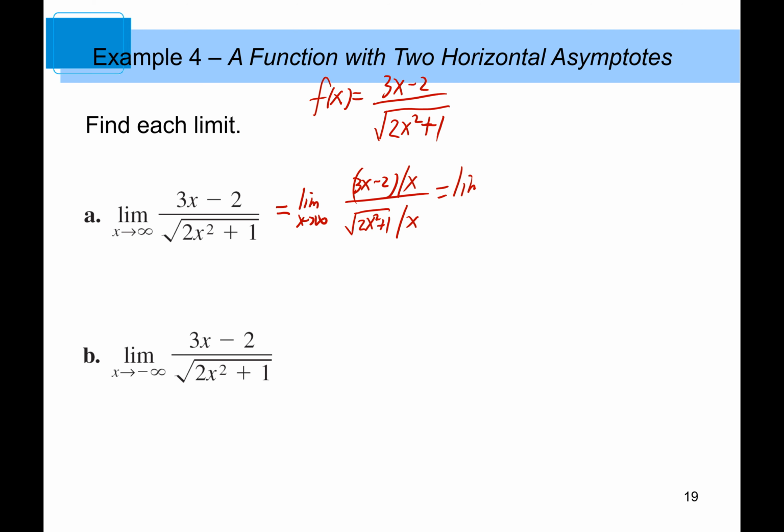And this becomes the limit as x approaches infinity. You divide the numerator, get 3, x gets cancelled, minus 2 over x. So we take care of the numerator part. The denominator is going to turn into the square root of 2x squared plus 1 over the square root of x squared.